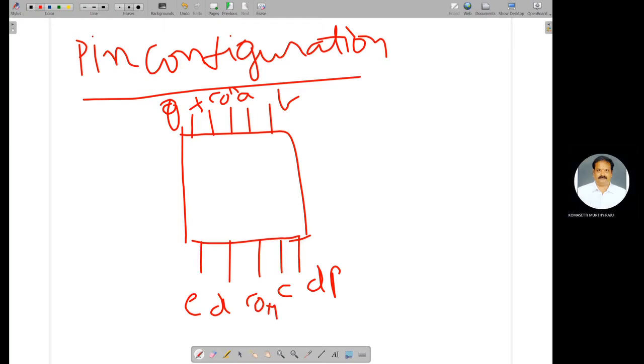These two are internally connected. Common points are internally connected.